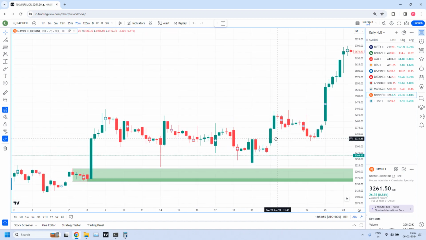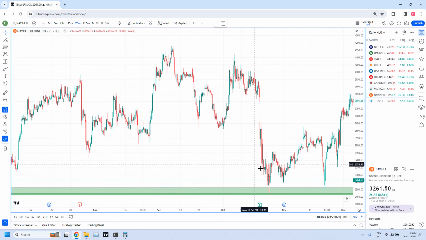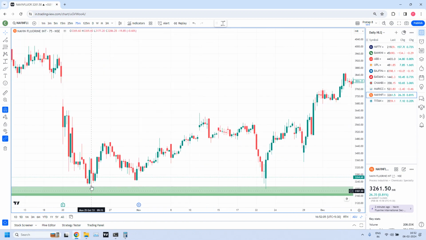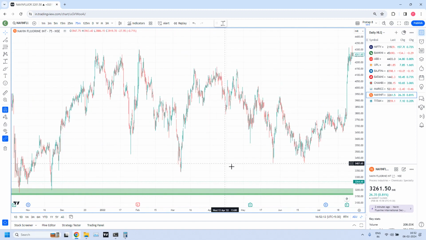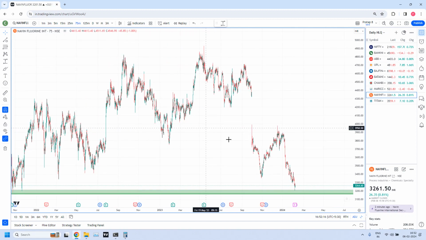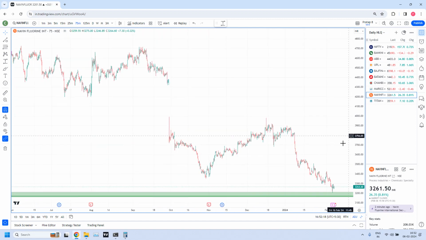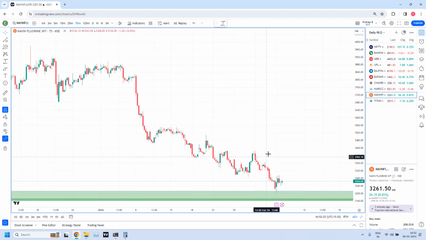And we have seen a rejection just before the zone earlier. That indicates a strong order flow. See here, there is a huge rejection before. Here also the rejection. Today prices entered but did not reach the fine-tuned area. That's why we didn't get a trade in this zone.